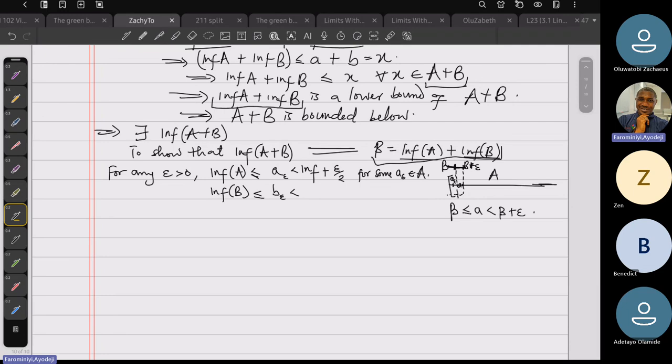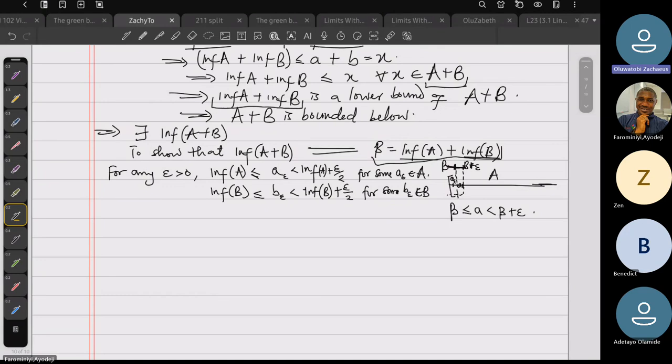So B epsilon is less than the infimum of B plus epsilon over 2, for some B epsilon in B.